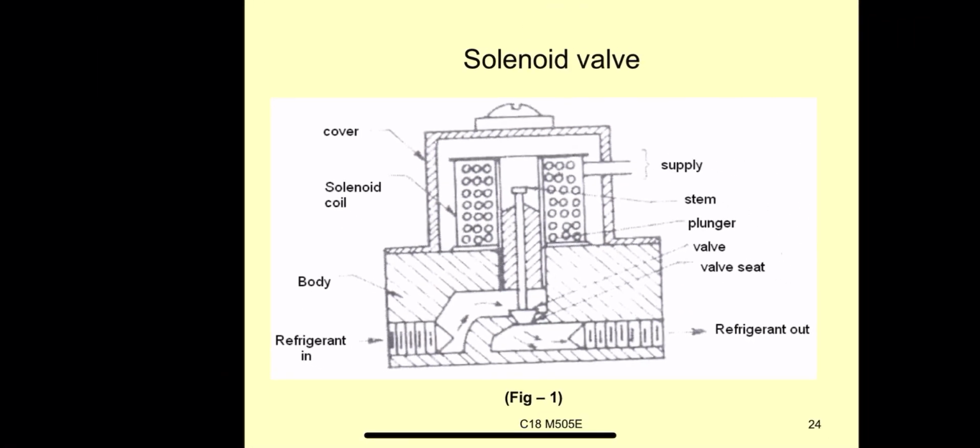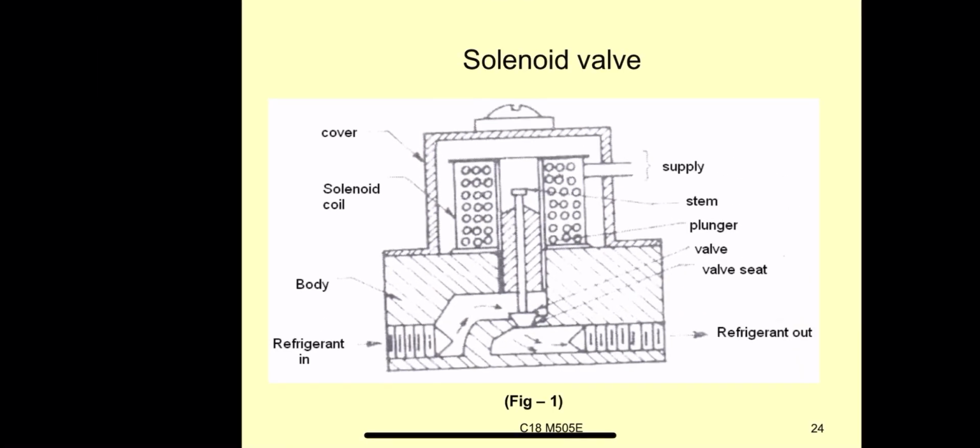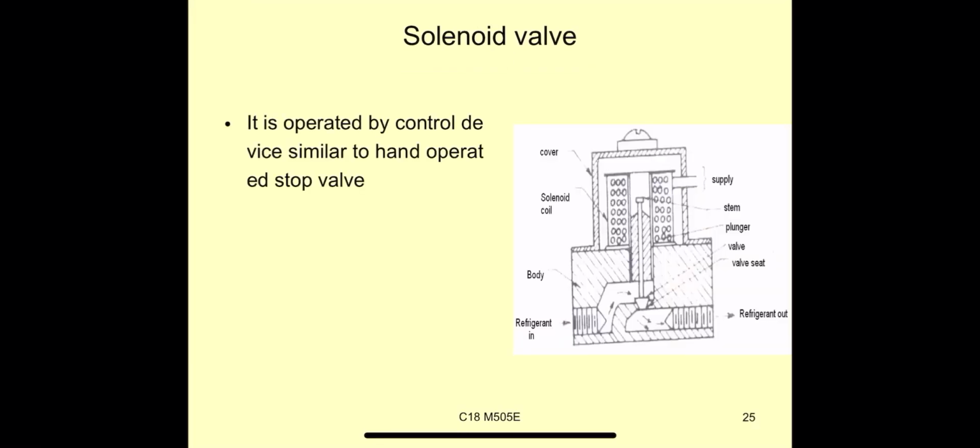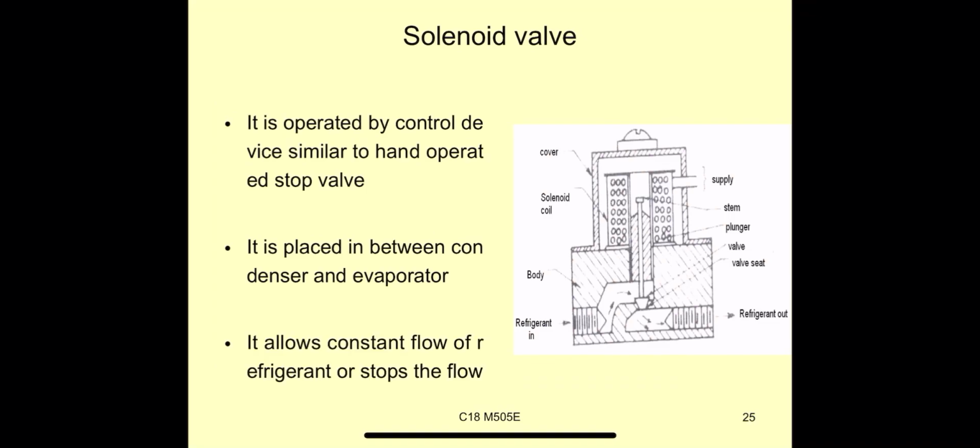This is the diagram of a solenoid valve. It is operated by a control device, similar to a hand operated stop valve. It is placed in between the condenser and evaporator. It allows the flow of refrigerant or stops the flow.